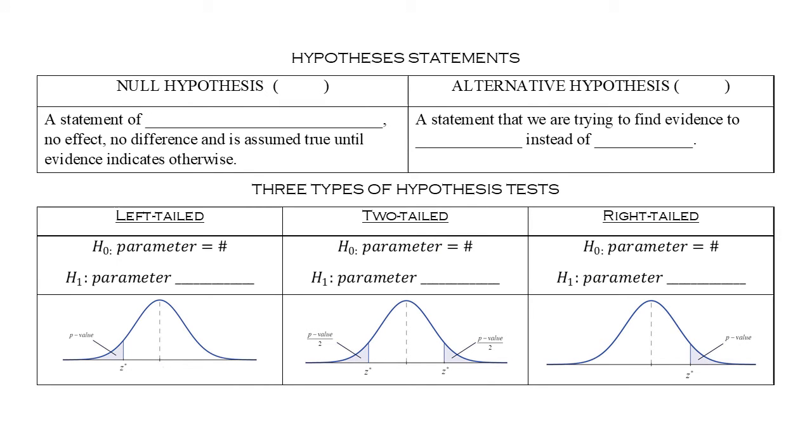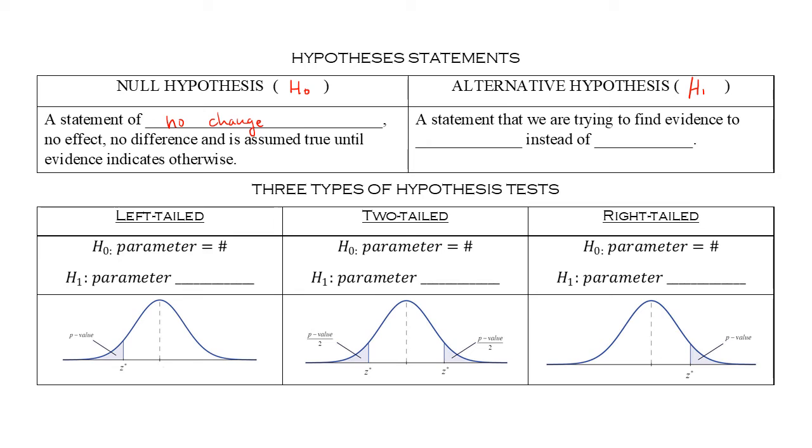Now, the first step for any hypothesis test is to state the hypotheses, and this comes in two pieces. We've got the null hypothesis, which we denote H0, and the alternative hypothesis, which we denote H1. The null hypothesis is a statement that there's no change in the parameter that we're trying to make a statement about.